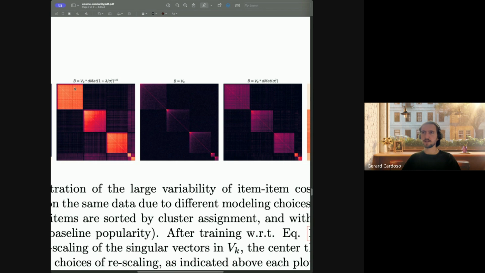So in this case, you can basically recreate the clusters. In this case, it's wild, I guess, what's going on. The similarity is kind of uninformative in terms of the clusters. And in this case, again, it reconstructs, but less strongly than this one.